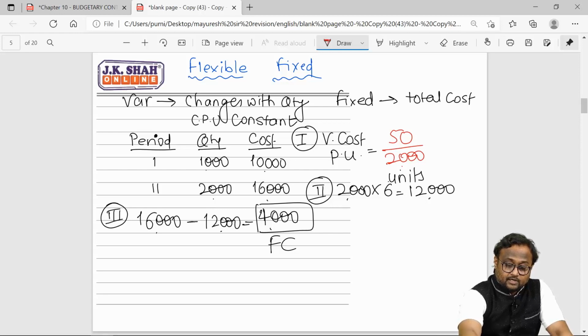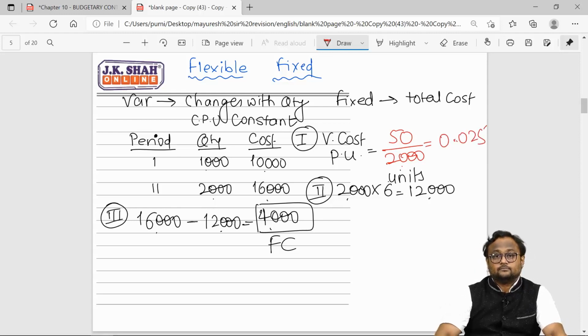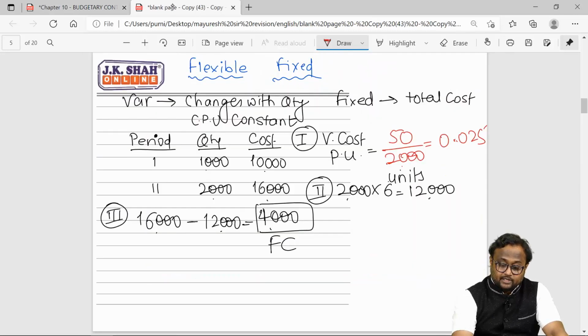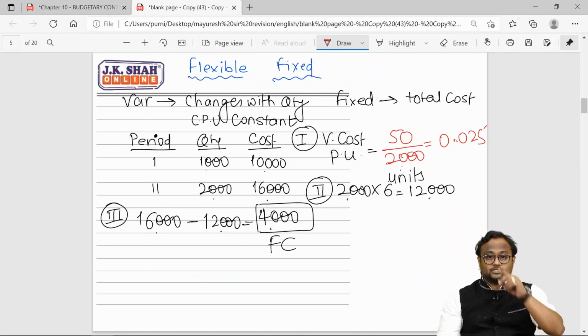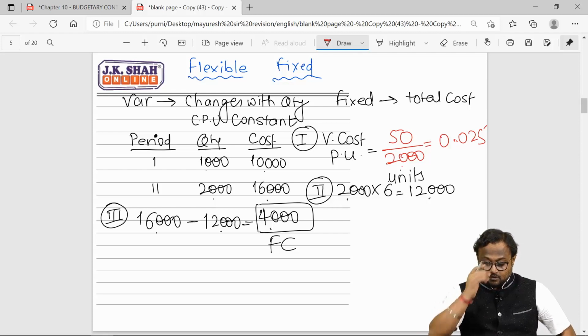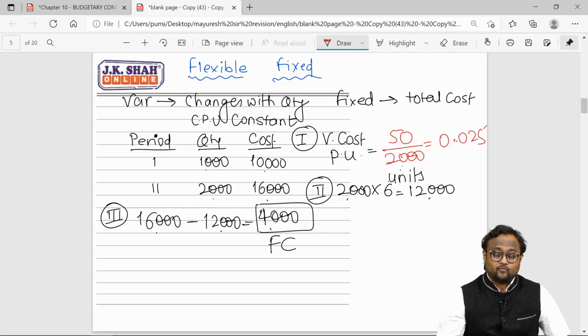So 50 divided by 2000, 0.025 must be the variable portion. 600 going up to 650 because of 2000 units, that means 50 rupees is your rise in the cost because of the rise in the quantity by 2000. So 0.025 is your variable cost per unit.